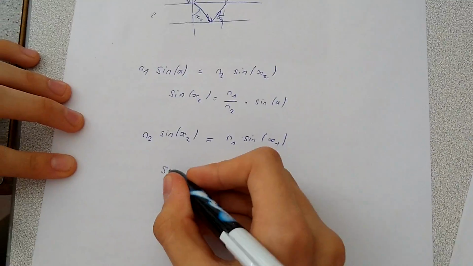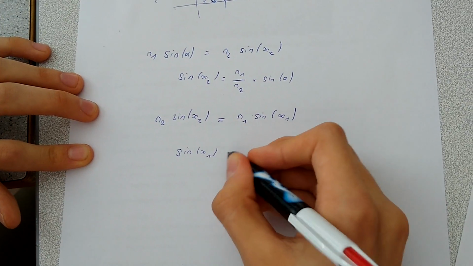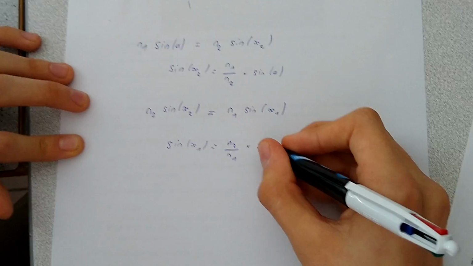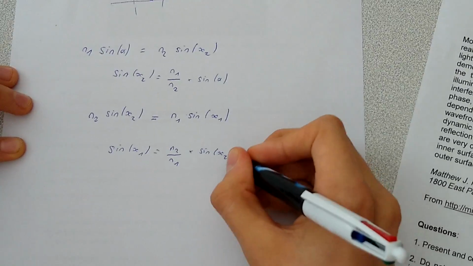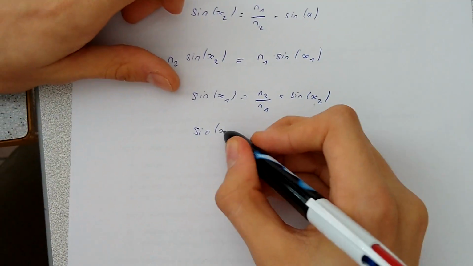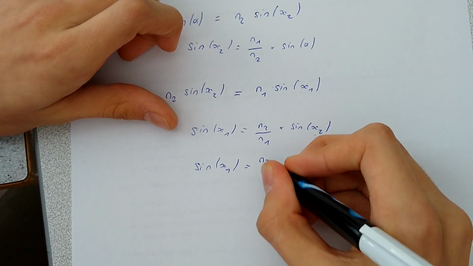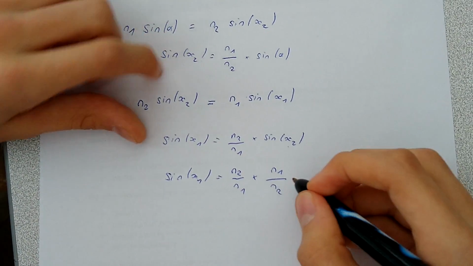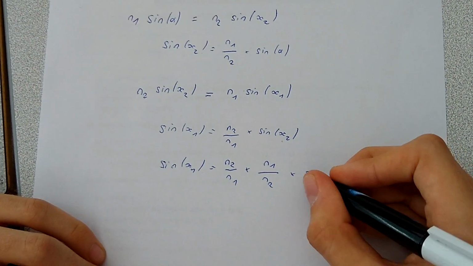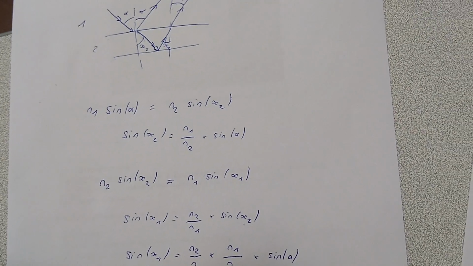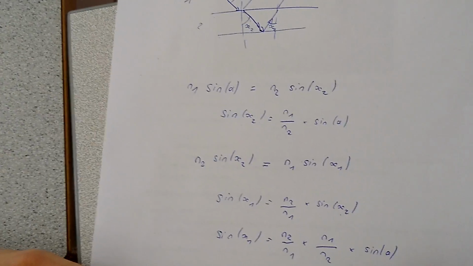So we can write this: sin x1 is equal to n2 divided by n1 times sin x2. And so sin x2, we said that it was equal to this, and then we can write sin x1 equal sin alpha.